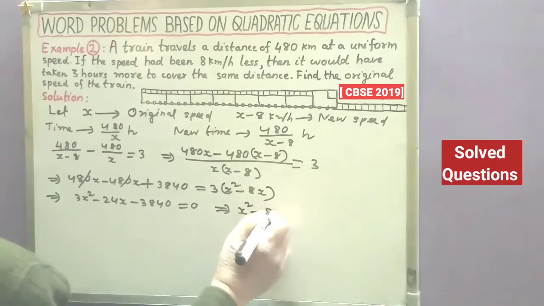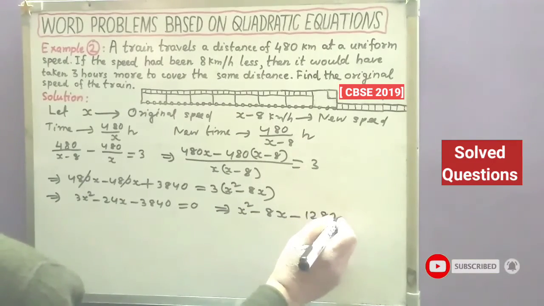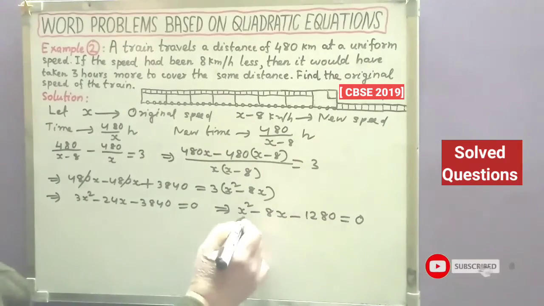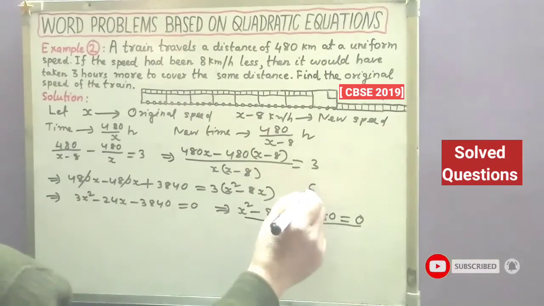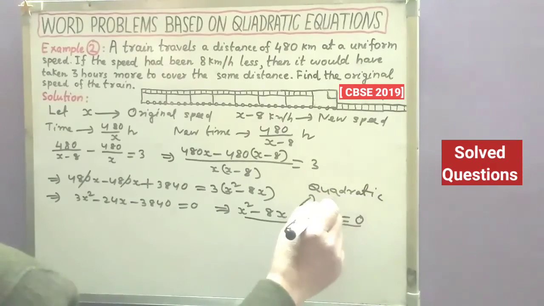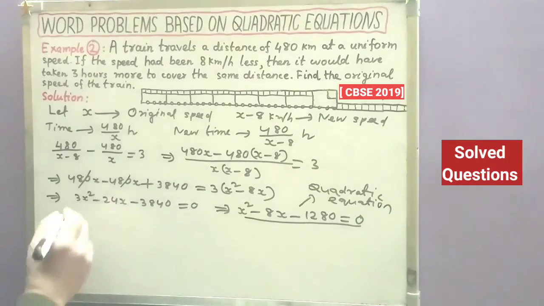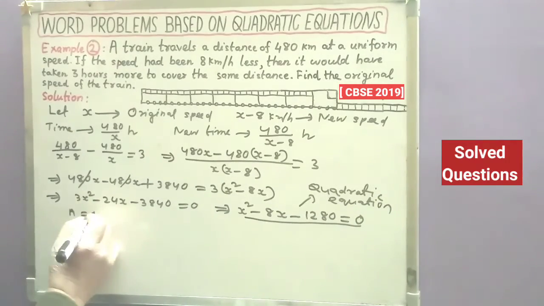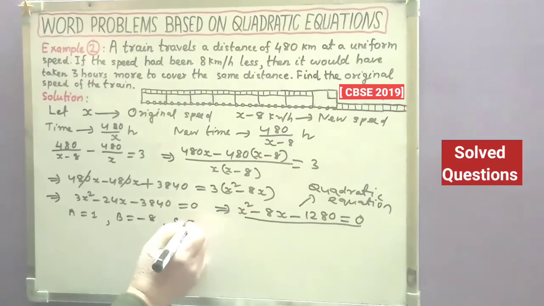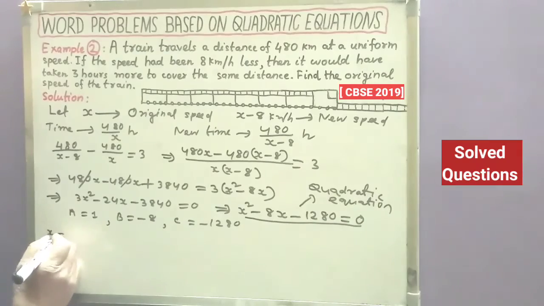That implies x square minus 8x minus 1280 equals 0. This is the quadratic equation framed now. Comparing it with the standard form of the equation, we have a equals 1, b equals minus 8 and c equals minus 1280.